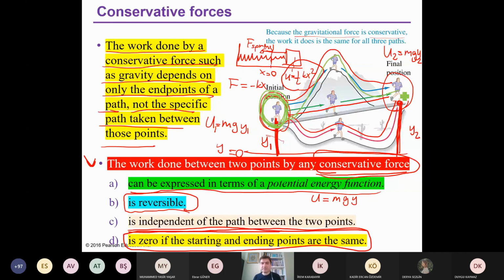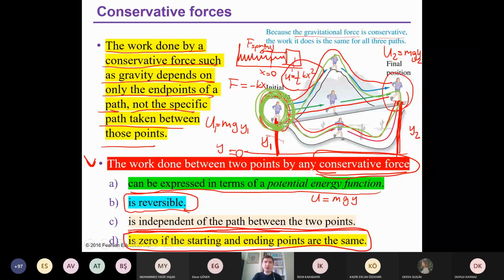Now it has a final position, but this final position is the initial position. Then the work done between 2 points is 0 if the starting and ending points are the same. So these are the properties of the conservative forces, and the work done between 2 points by any conservative force should have these properties.